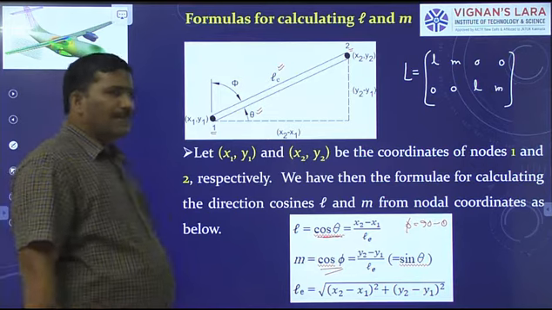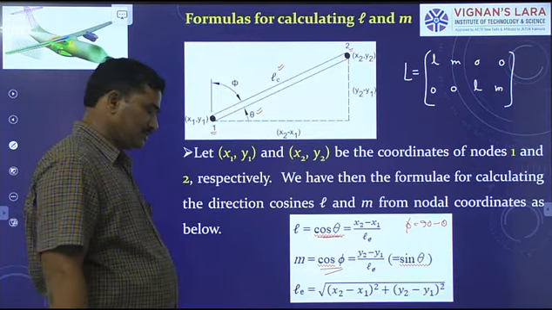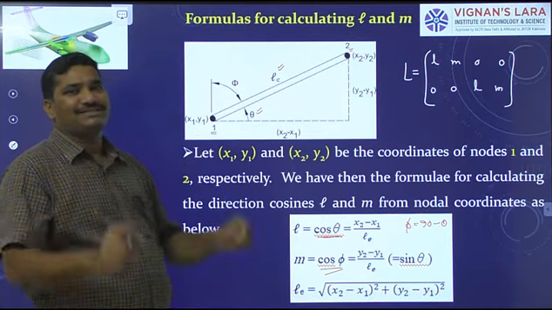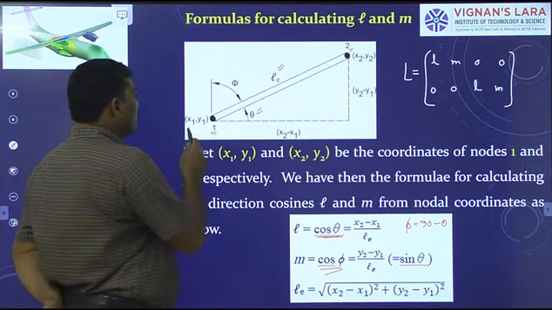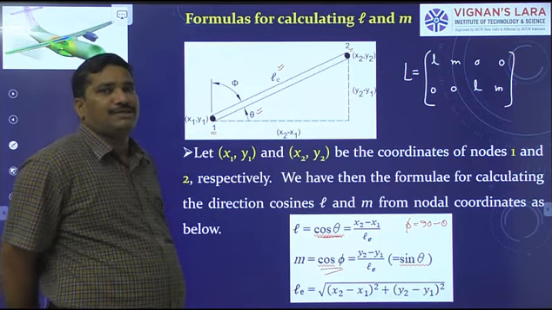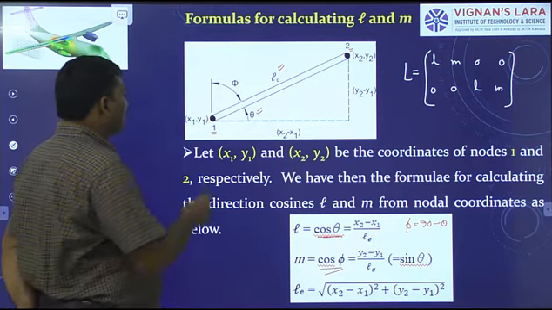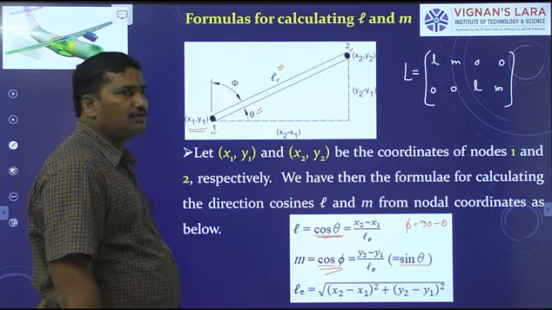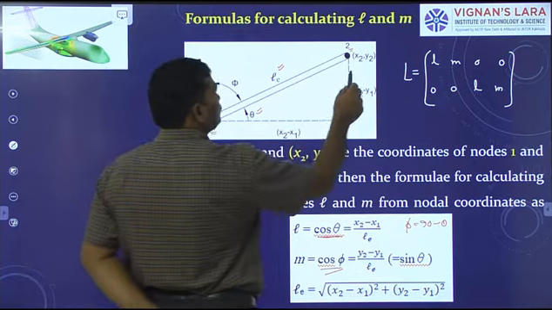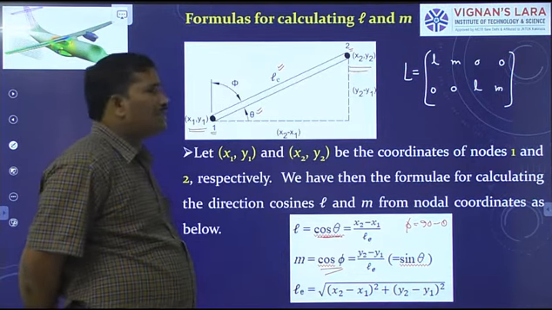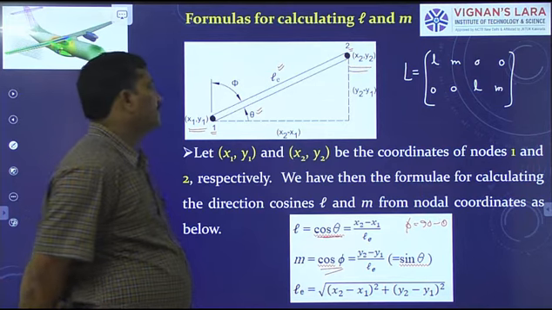Because we consider here a two-dimensional truss structure, each node is specified by two Cartesian coordinates. Let x1 and y1 be the Cartesian coordinates of node 1 and x2, y2 be the Cartesian coordinates of node 2. Okay?